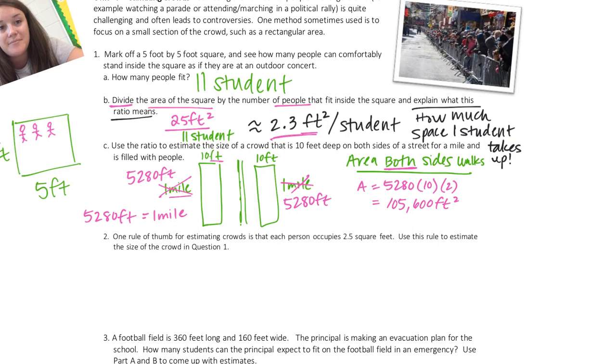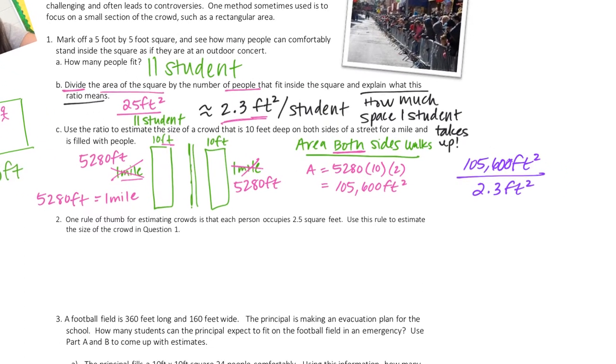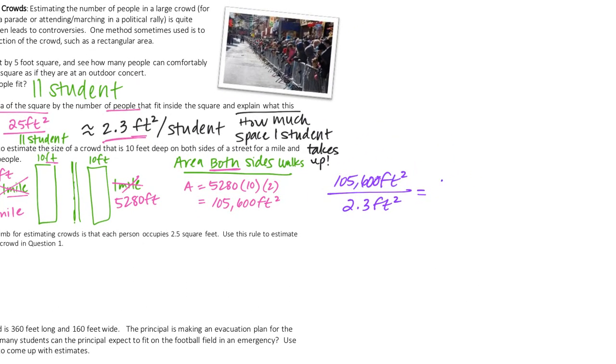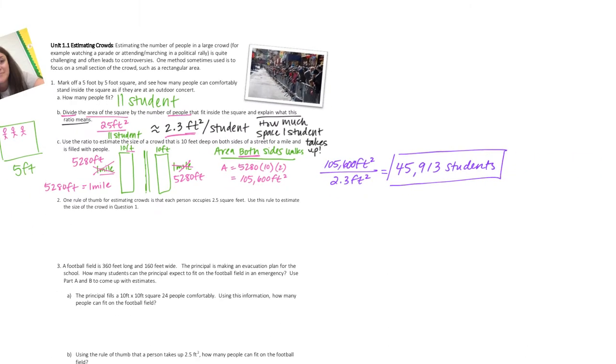So we've got 105,600 square feet, and I'm going to divide it by what 1 student takes up. And that's going to give us about 45,913 students or people that can fit on both of our sidewalks.